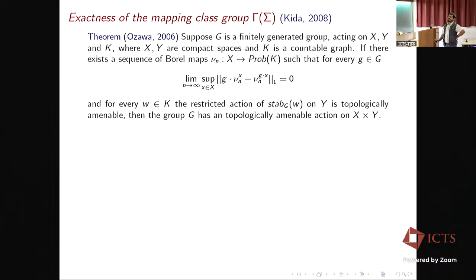So Ozawa's result says that if G is acting on compact topological spaces X and Y, and K is a countable graph, and if I have Borel maps from X to prob K, which satisfy the same condition as in topological amenability, and if the stabilizers for points in this countable graph are all topologically amenable, then, because here the action is a Borel amenable action, he's claiming that the group G has a topologically amenable action on the product of X and Y. So this Y you require only if these are all topologically amenable but not amenable, because the stabilizers have to be amenable for a topologically amenable action.